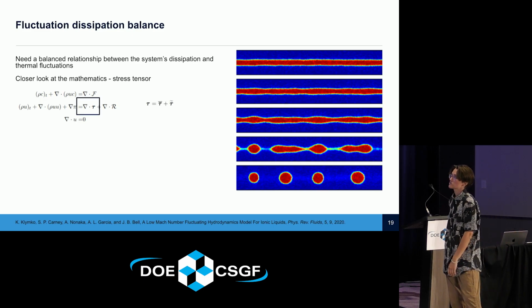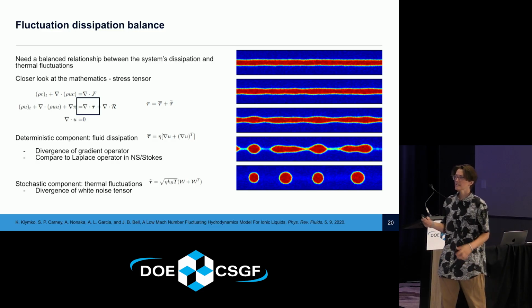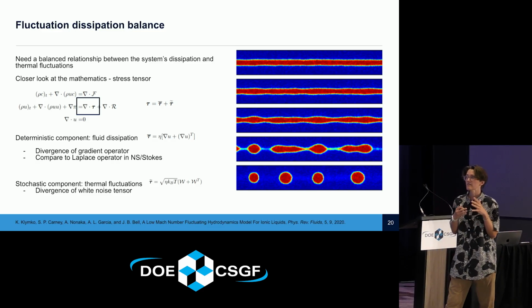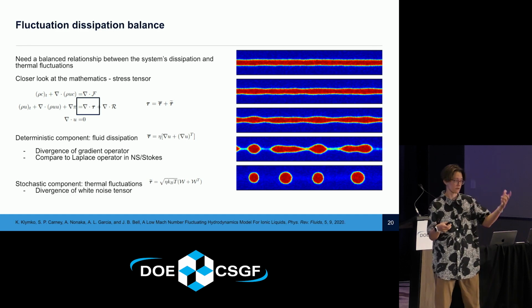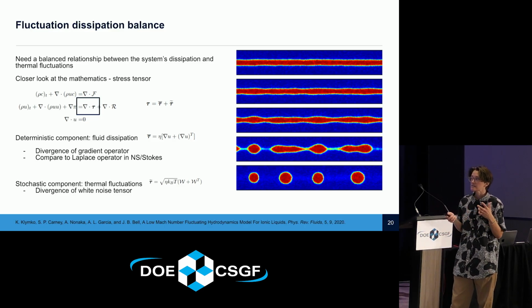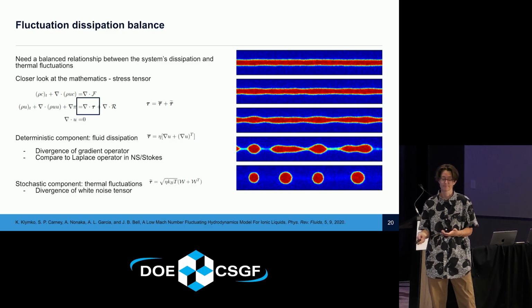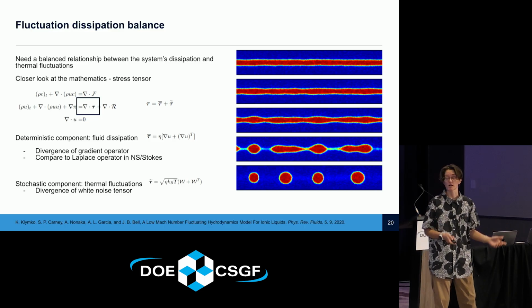If we look closer at the mathematics of these equations, it comes down to needing to satisfy this balance by the relationship between the operators on the deterministic and stochastic components of the stress tensor. That ends up being the divergence operator of the noise tensor and the Laplacian operator of the velocity.